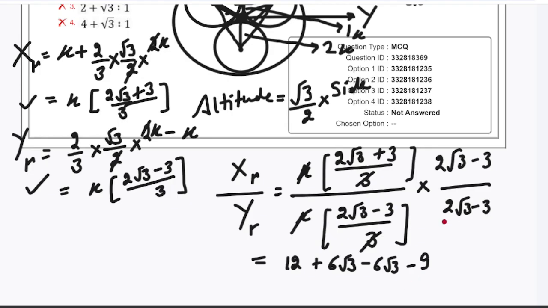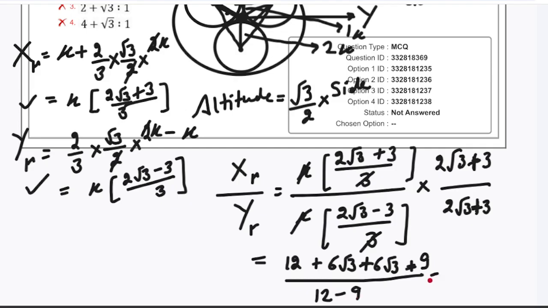Sorry, for the rationalization we have to make it plus, so the denominator is going to be plus 9. So 2 root 3 into 2 root 3 is 12, plus 2 root 3 into 3, that is 6 root 3, plus 6 root 3, plus 9. Or you can just use the a plus b whole square formula, that is a square plus b square plus 2ab, divided by a square minus b square, that is 2 root 3 square, that is 12 minus 9.